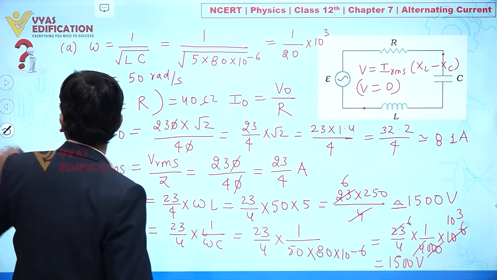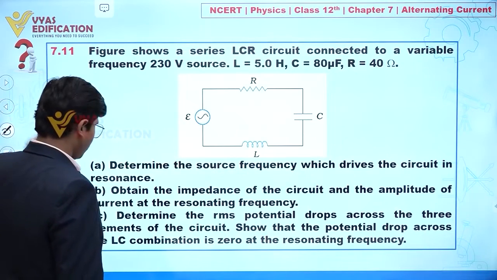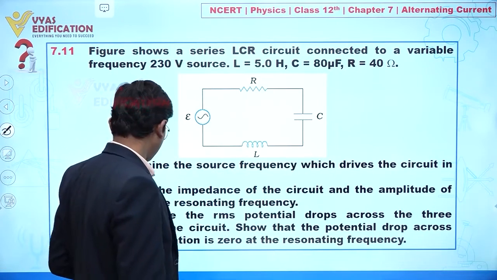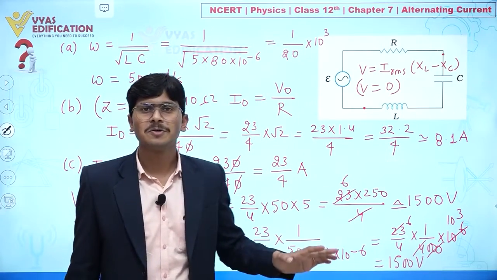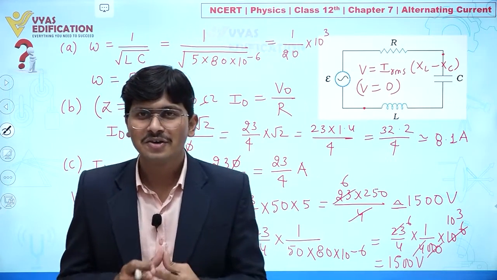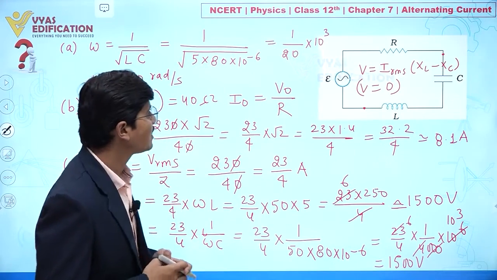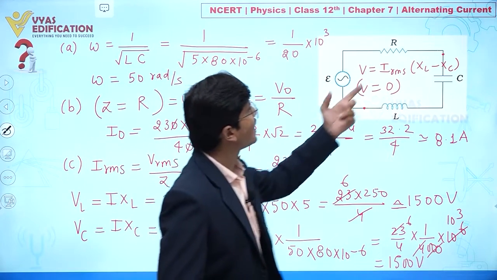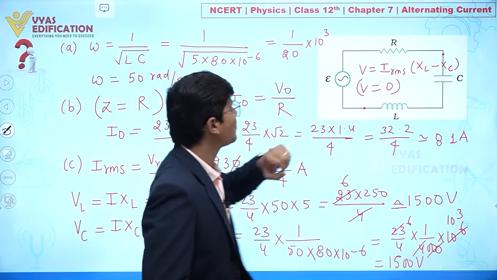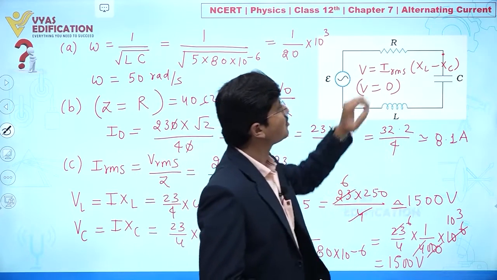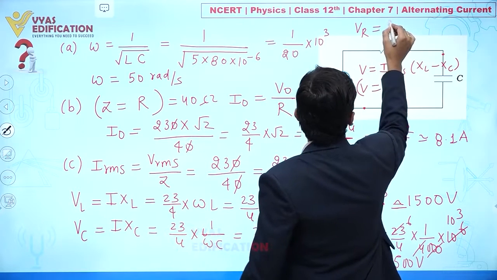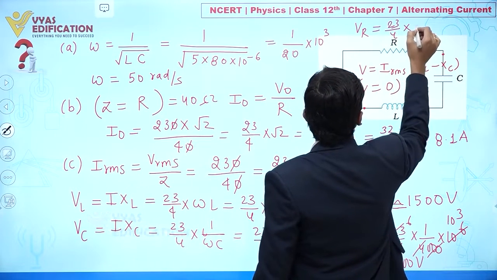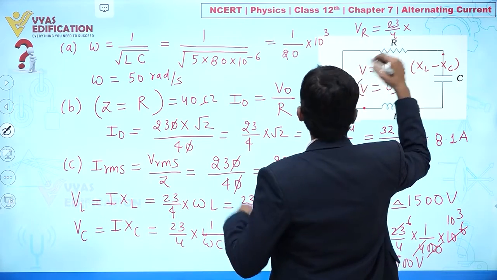Next question. We have already shown here that the potential drop is 0. Again, this is a very good question. You can also find the potential drop across R, calculating IRMS into R: IRMS equal to 23 by 4 multiplied by R, and R is given as 40.